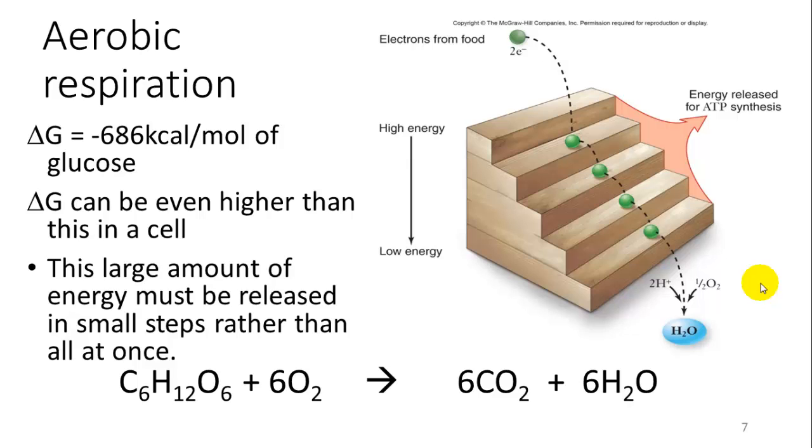And this large amount of energy has to be released in small steps to gain as much energy out of it as possible. So here is our equation for cellular respiration. Sugar plus oxygen makes carbon dioxide and water. But it has multiple steps. Again, this is an oversimplification. There are enzymes and many other molecules involved in the process.